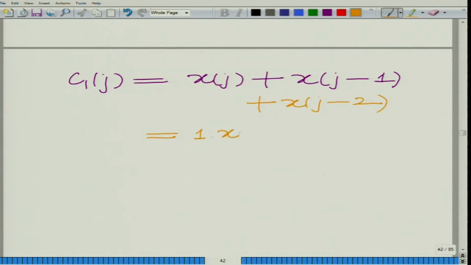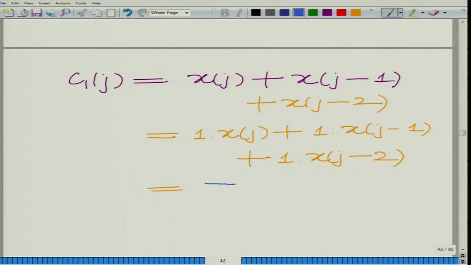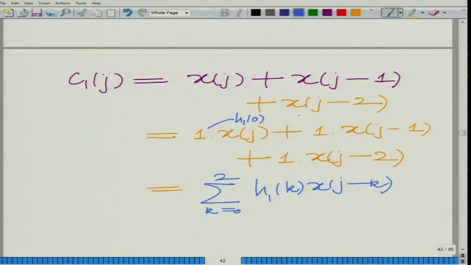This is 1 times x of j plus 1 times x of j minus 1 plus 1 times x of j minus 2, which is equal to summation k equal to 0 to 2 h1 of k x of j minus k, this is h1 of 0, h1 of 1, h1 of 2.